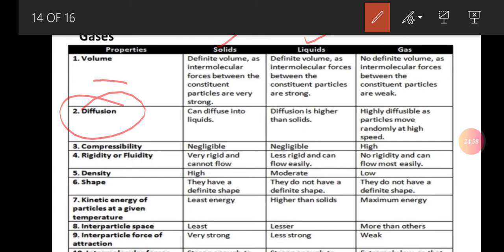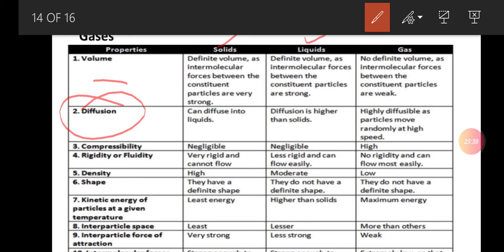So gases have the highest rate of diffusion, as the particles are moving randomly at high speed. Compressibility. Solids cannot be compressed as they don't have intermolecular spaces. Liquids also cannot be compressed, whereas gases can be compressed because they have large intermolecular spaces between them.